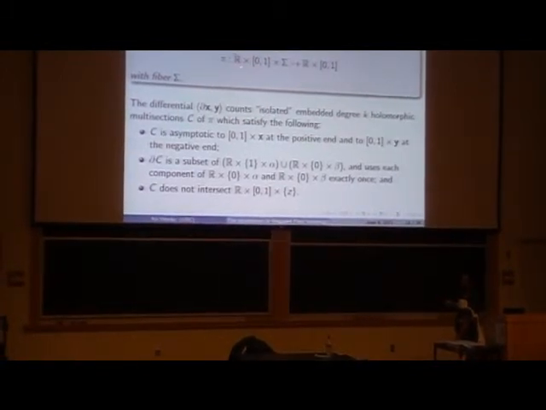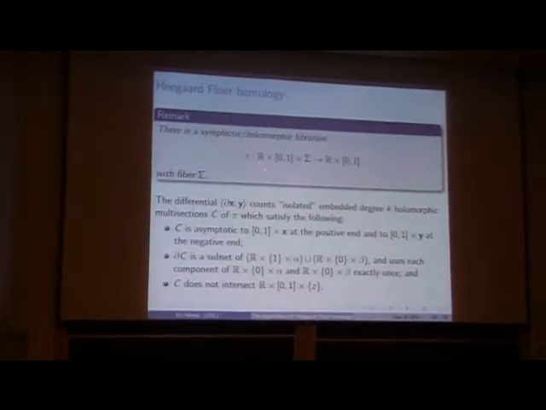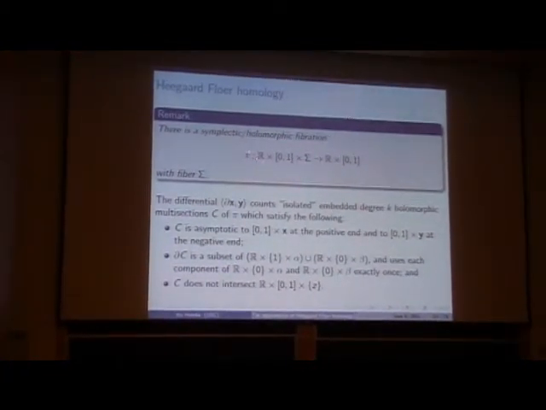The funny thing is that four dimensions split up into 2 plus 2 or 1 plus 3. Here we're thinking of it as 2 plus 2, whereas if you think in terms of the symplectization, it's basically 1 plus 3. We're using the fact that 2 plus 2 equals 1 plus 3.